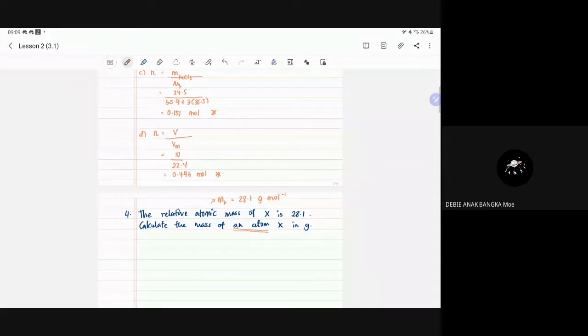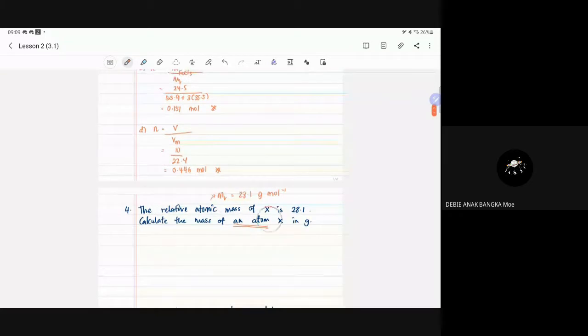Okay. Satu atom tu dalam gram. And by logic, atom sangat kecil kan? It's very small. So the answer here, you should get a very small answer. The value has to be really small. Okay. So try to answer this. I give you 5 minutes. Try to think about it. Okay. Kalau ada soalan, boleh tanya.